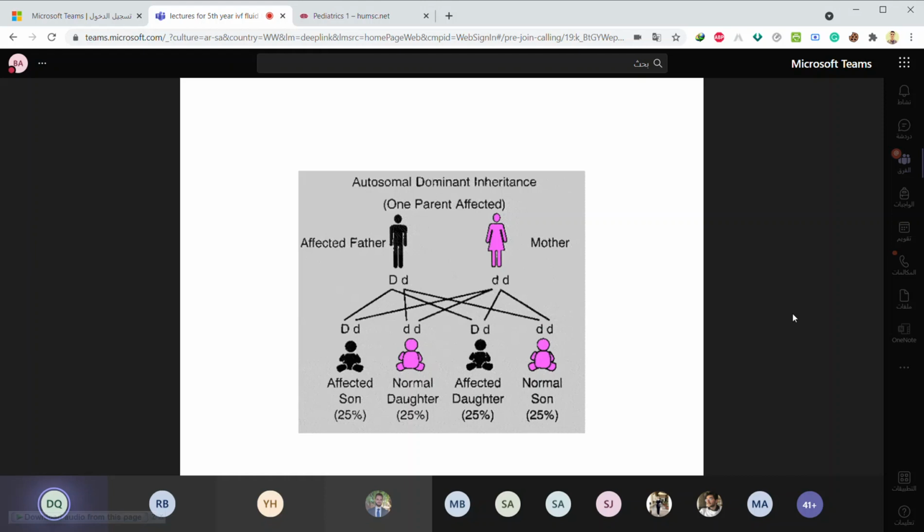So the percentage is 25% for each. This is also helpful when we do counseling for a parent with a disease transmitted as autosomal dominant, to tell them the percentage of affected children and the risk of transmission in other siblings.